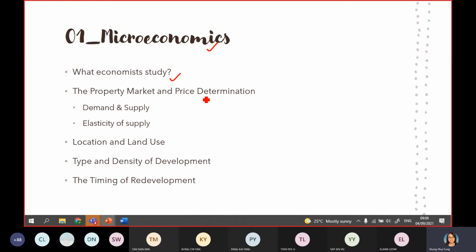When facing the limitation, they also need to make a choice which project to kickstart, which project to develop, whether residential, commercial, or mixed development. They need to choose which project is the most profitable. So that is the incentive driving the property developer to make a choice.